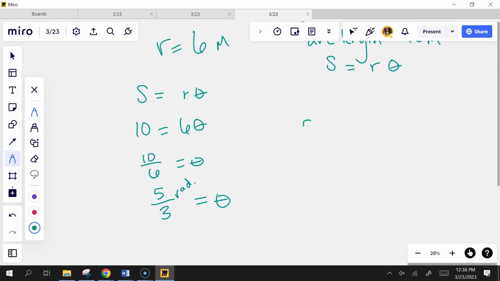And then I also want to do 5/3 times 180 on the top, because I want it in degrees. Again, 3 and 180 simplify to 60 here. So I get 300 over pi degrees.